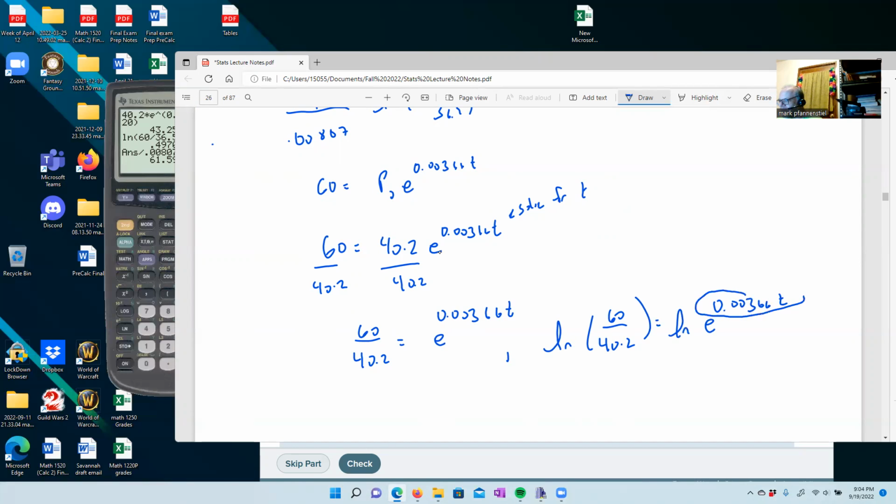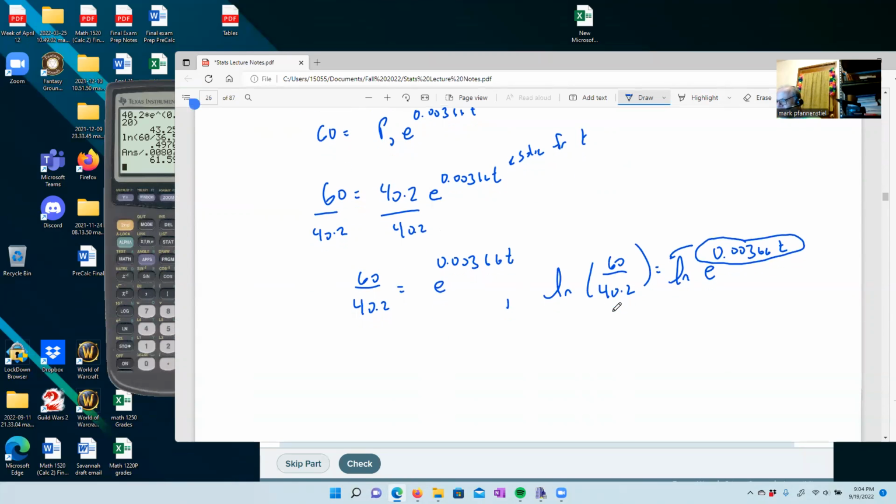This exponent comes down in front because that's the rule of logarithms. That's the whole reason we're using a logarithm, so that exponent goes down on the baseline. So we have the natural log of 60 over 40.2 is equal to 0.00366t times the natural log of e. We just learned in the last step that the natural log of e is 1.